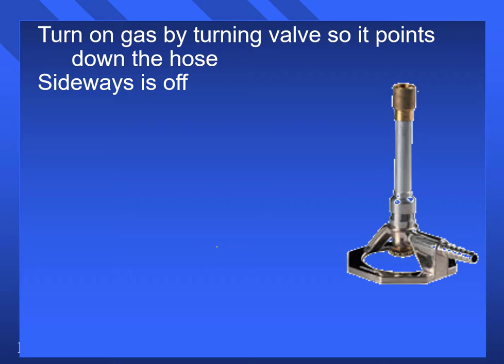The dark outside blue hasn't changed temperature, but the inside blue is hotter, and the hottest spot is the tip of the inside blue. That's what you want to have heating your stuff. So you want to adjust the flame so that the tip of the inside blue is right at the bottom of what you're heating.